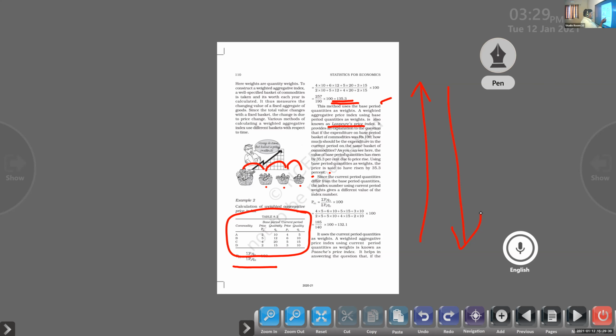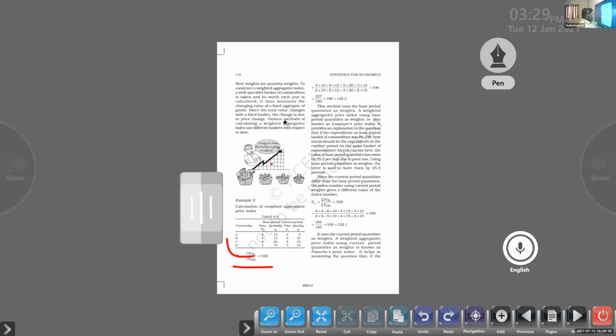Applying these numbers in the equation, P01 is equal to sigma P1 Q1 divided by sigma P0 Q1 multiplied by 100, we got the answer 132.1. For that basket of goods, the weight of that goods in that particular basket increased by 13.2%, right? It uses the current period quantities as weights.